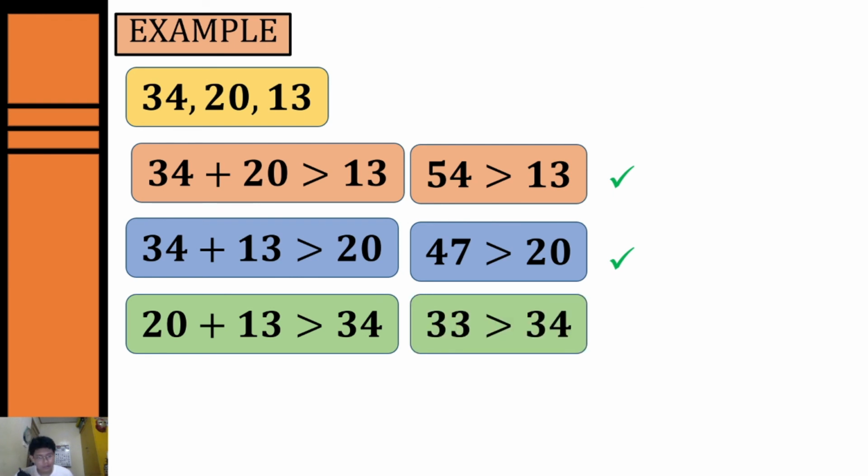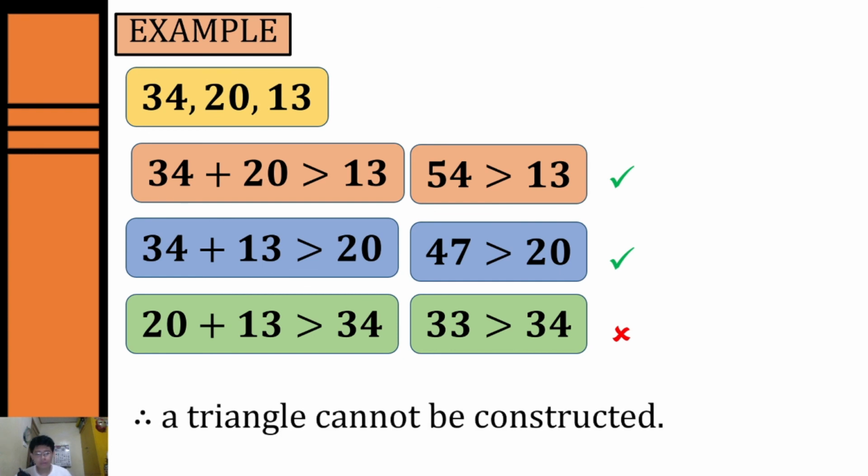So 33 is not greater than 34. It did not satisfy our inequality, and it will not satisfy the triangle inequality theorem. Therefore, we can conclude that a triangle cannot be constructed with the dimensions 34, 20, and 13.